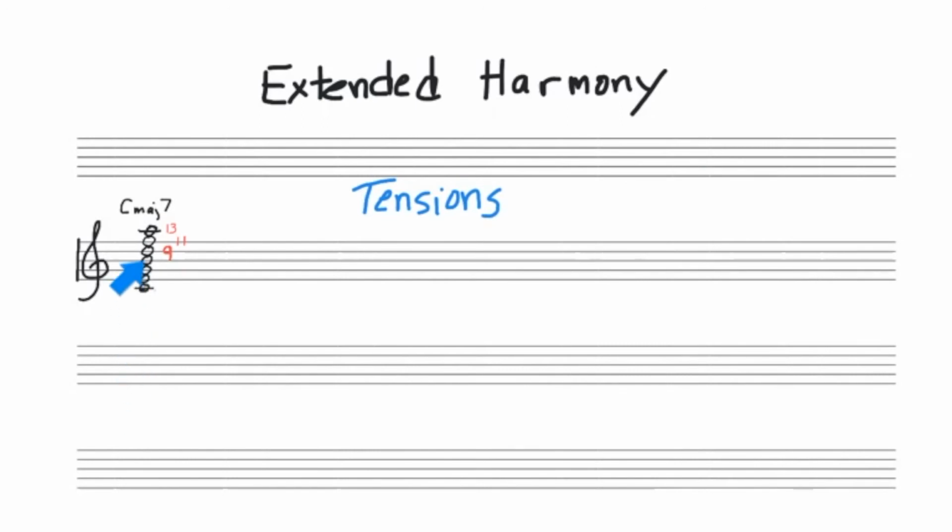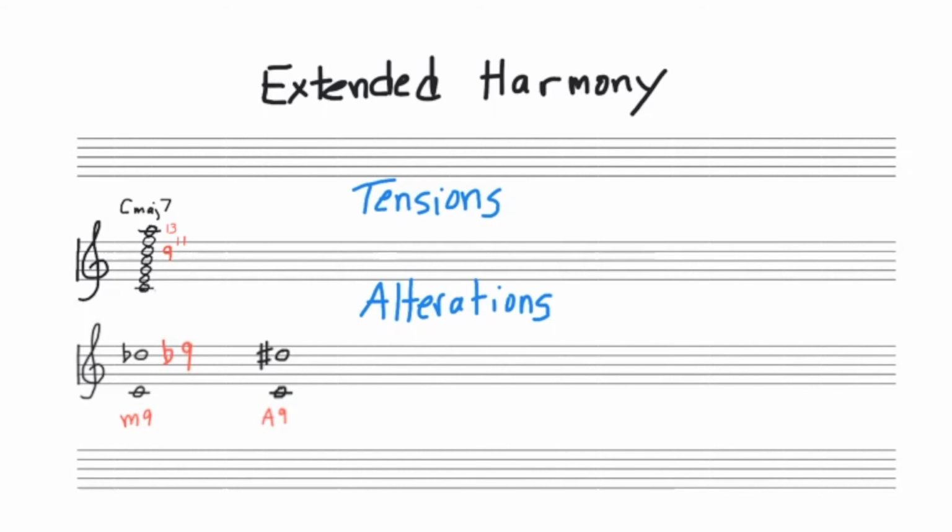Now, in addition to the major 9, perfect 11, and major 13 that can be added to a chord, we can also alter these notes to get what are called alterations. Alterations include the 9 lowered by a half step, which is the interval of a minor 9. In jazz, this is referred to as a flat 9. We could also have the 9 raised by a half step, known as an augmented 9.